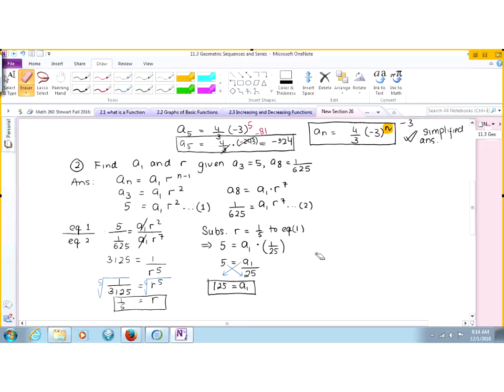Good. Why is it R square? Equation 1 is A3 is A1 times R squared, right? Because n is 3. So if n is 3, what is n minus 1? Yeah. Good question. Thank you.